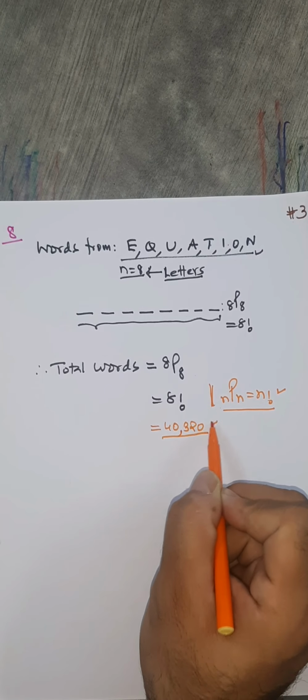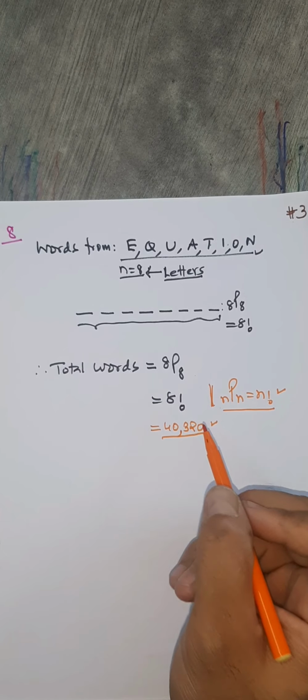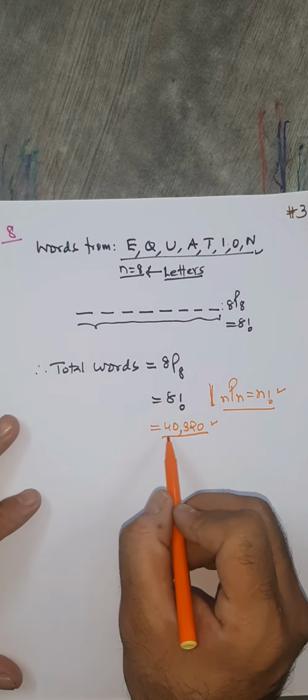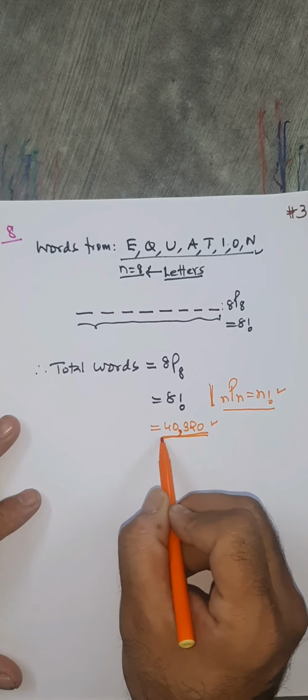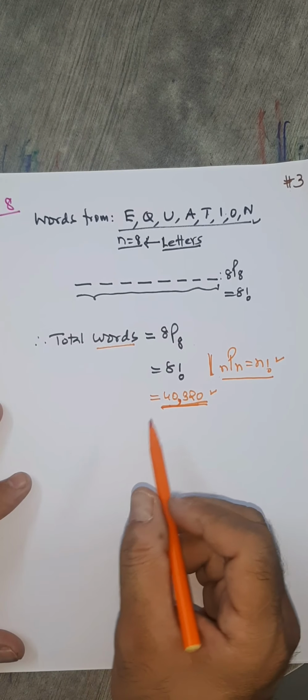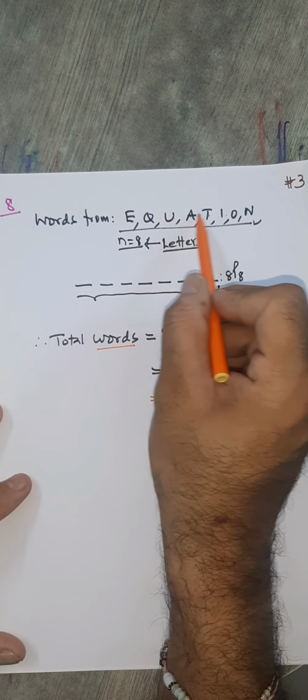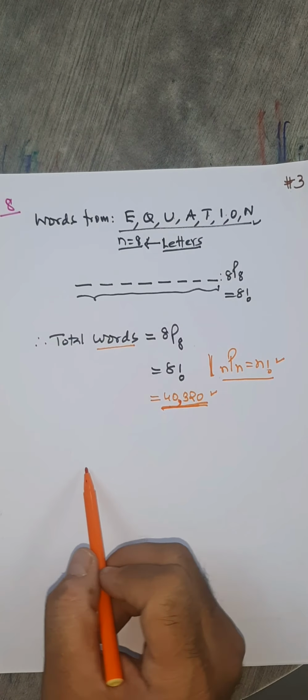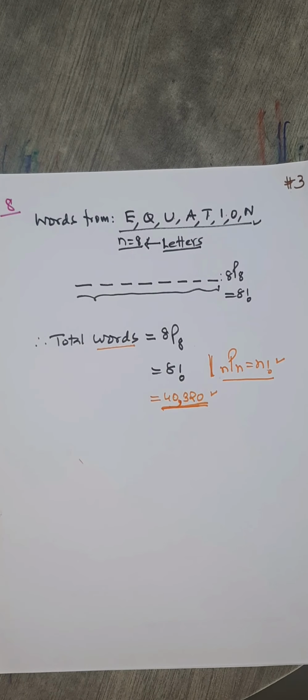So this many words. It's difficult to believe, but it's true. Remember, all these are the number of words that can be formed using the letters of the word equation. So 8p8, remember 8 factorial. Okay. I hope you are clear with this.